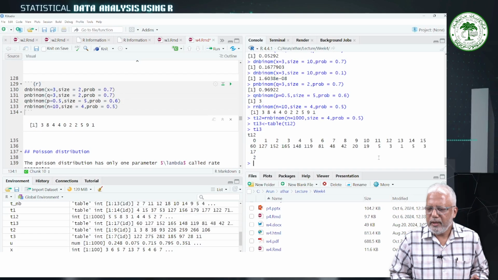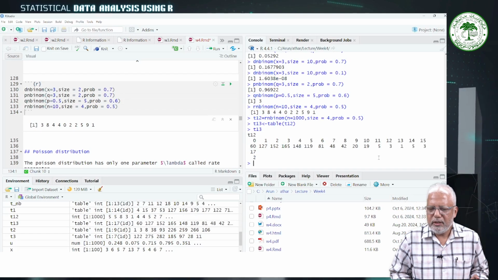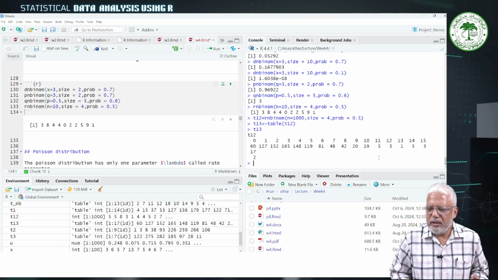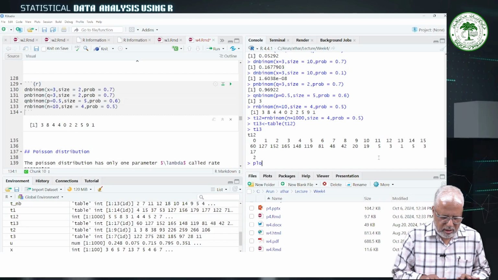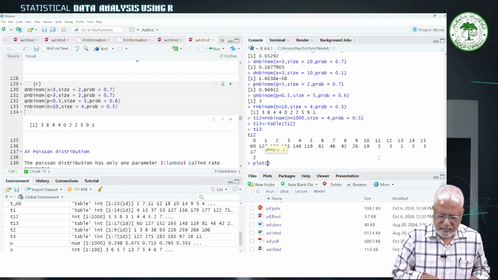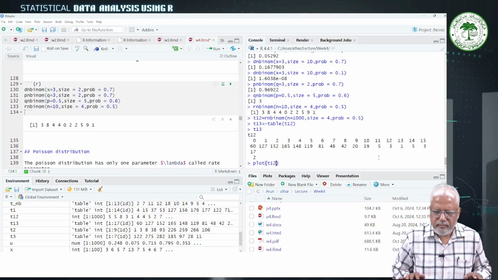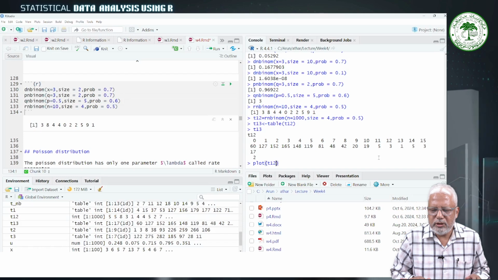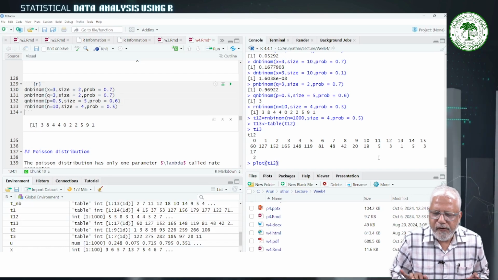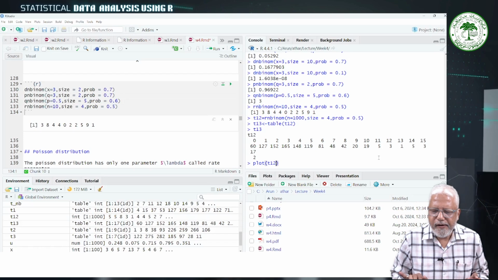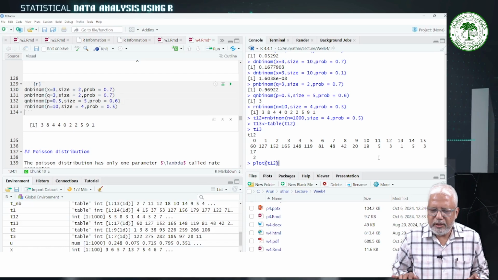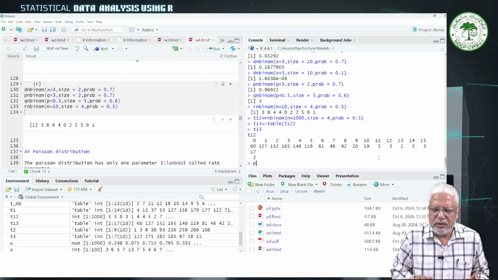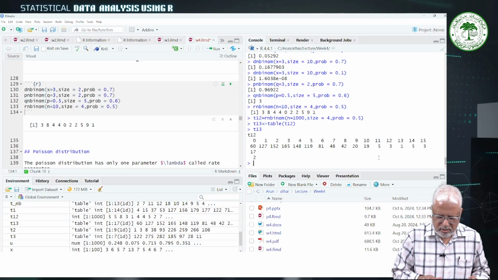So here it is a right skewed distribution. From this frequency distribution, it looks like it is right skewed, and plot T12, no, it should be T13. We should have printed T13, yes.